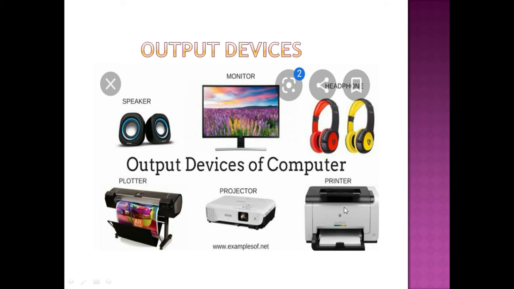So that's the difference between the printer and the plotter. Then we have the projector. So whatever is displayed on the monitor, this projector is going to display that information on a screen. So even projector is an output device.